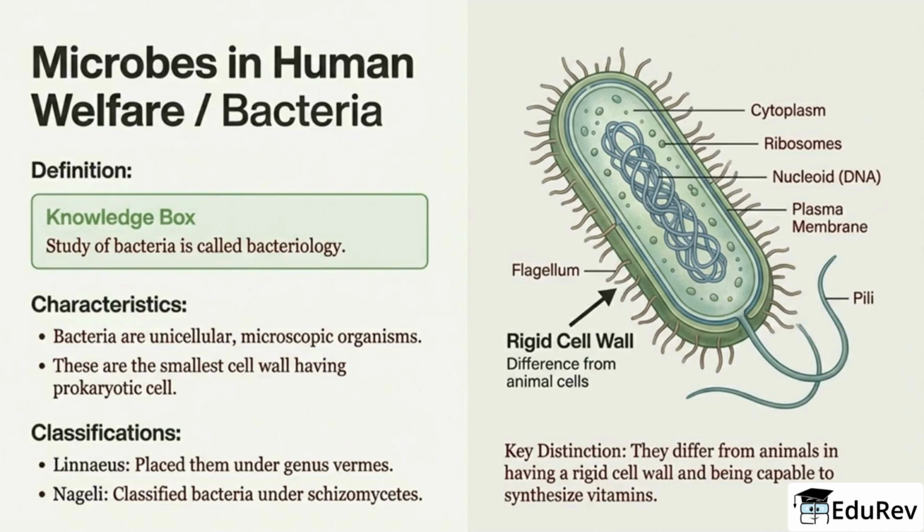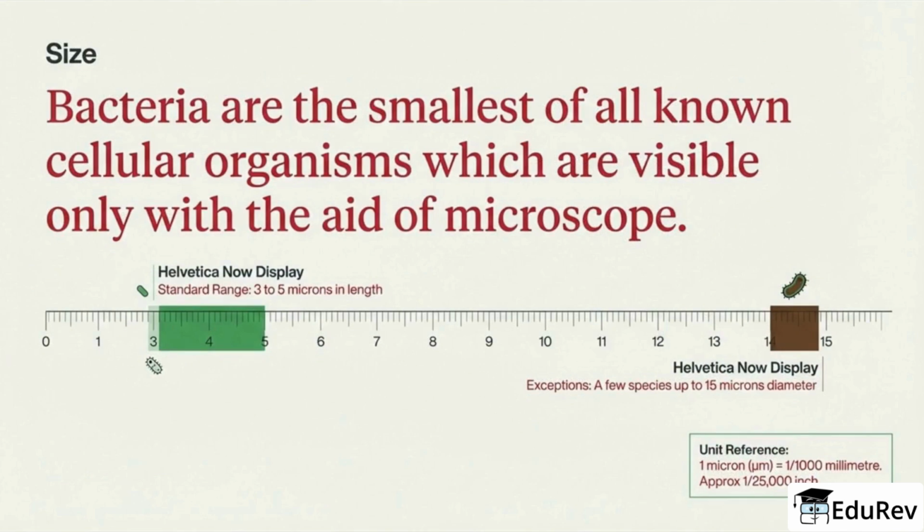Historically, they were classified differently by early scientists, but functionally, what matters is their prokaryotic organization and their ability to carry out many biochemical processes, including synthesizing certain vitamins that animal cells cannot. Bacteria are the smallest cellular organisms and need a microscope to be seen.